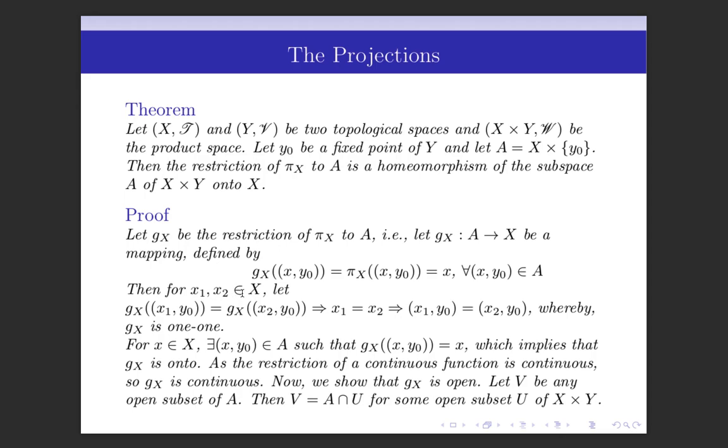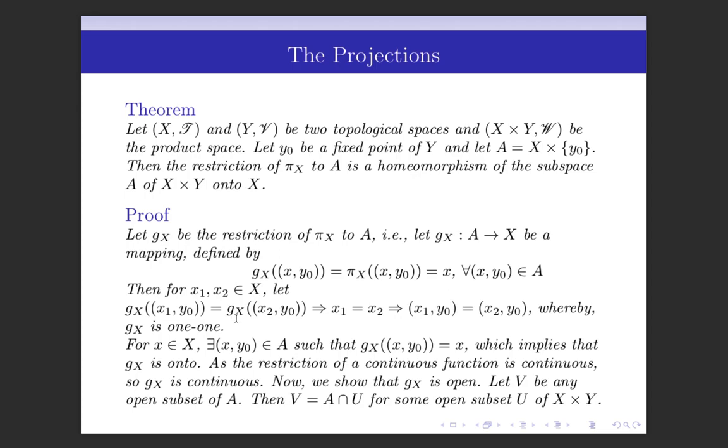Means we are taking two elements and assuming that their images are equal under g_X. But by definition of g_X, we have x₁ = x₂. So the ordered pair (x₁, y₀) = (x₂, y₀). These two elements are equal, which implies that g_X is one-one.